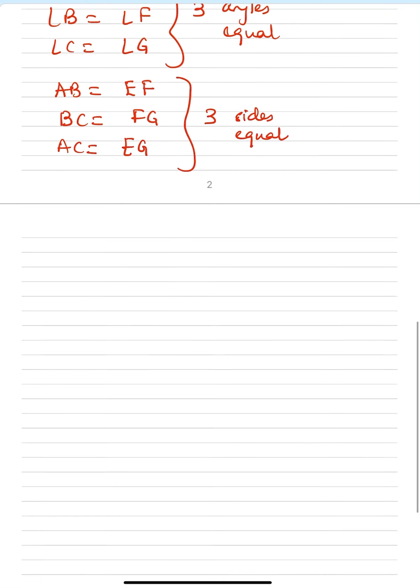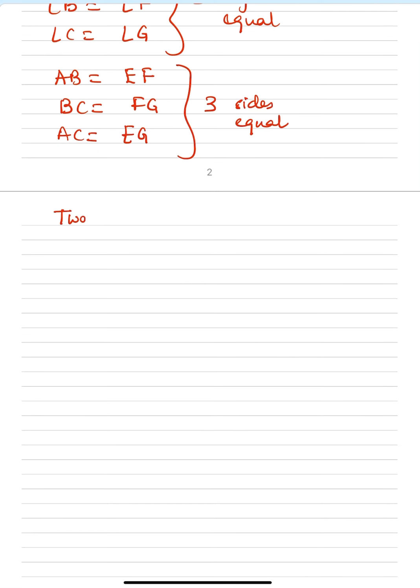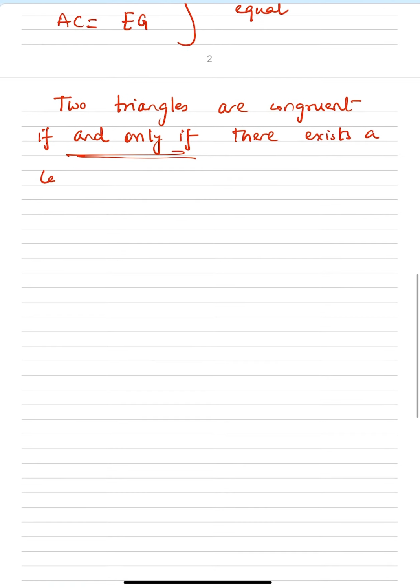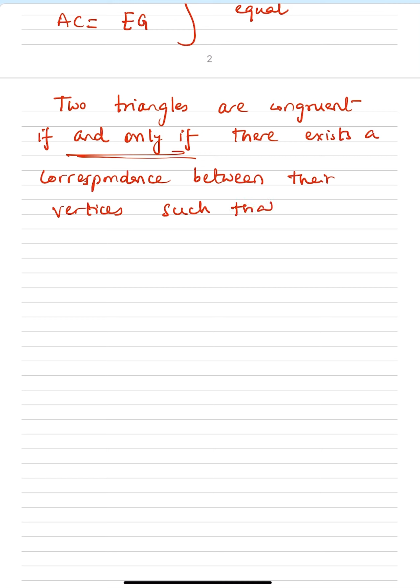So the general condition will be what? That two triangles are congruent if and only if, see, this is the most important thing, there exists a correspondence between their vertices such that the corresponding sides and the corresponding angles of the two triangles are equal.